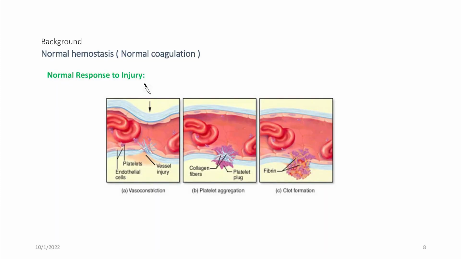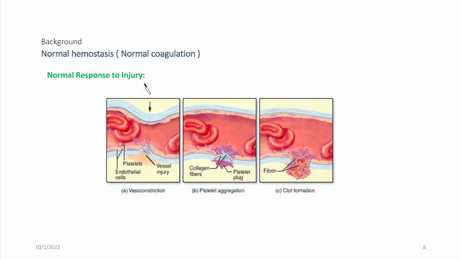Actually, anticoagulants are a group of drugs that aim to overcome abnormality of normal hemostasis. Normal hemostasis, or coagulation, is a process that has three phases.